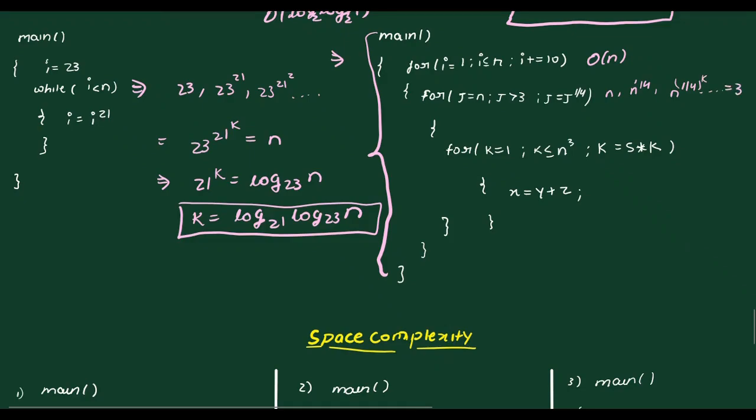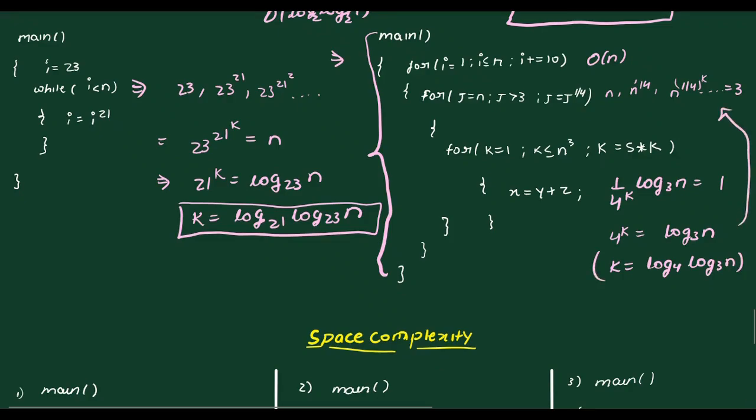So let's take log both sides. We get log base 3 of n equals k times log 4, so 4 power k can be written as log base 3 of n, or k can be written as log base 4 of log base 3 of n. So this one is running for this much time, right?